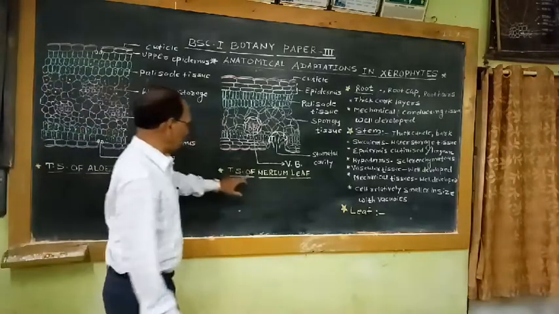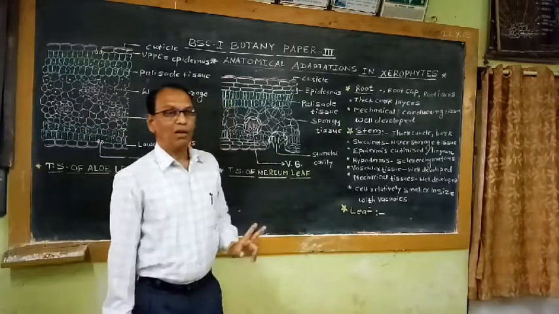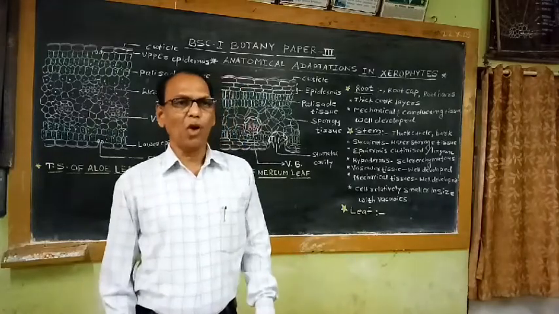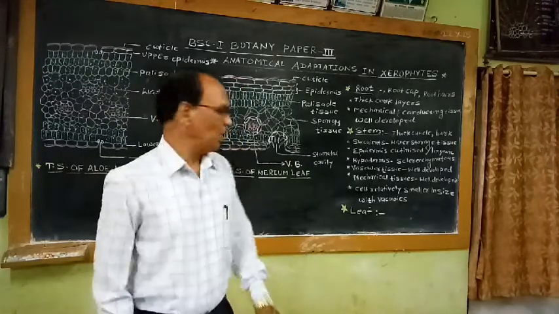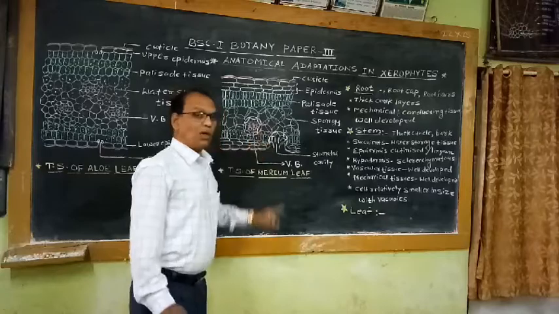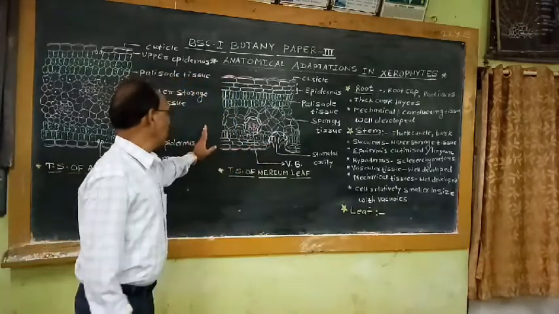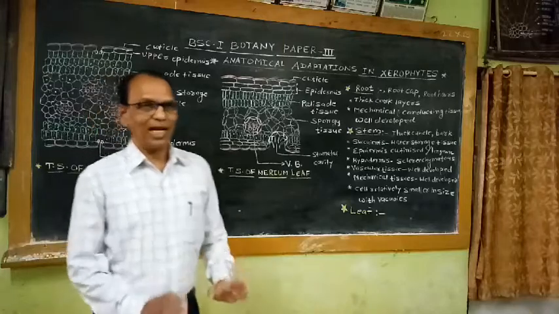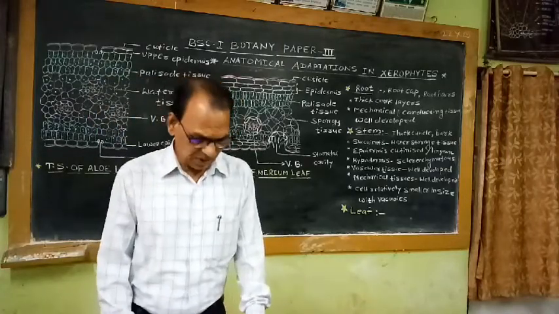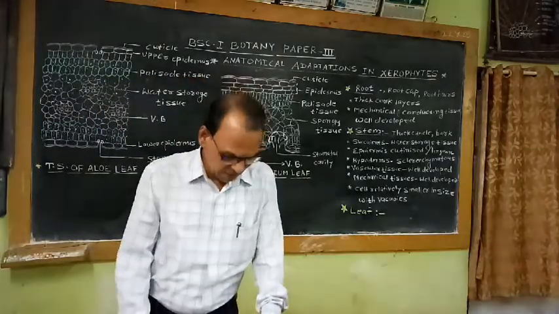This is the transverse section of Nerium. We know very well, this Nerium is an example of a drought resisting xerophyte, or a true xerophyte. So with the help of these two figures, we shall try to understand the anatomical adaptations in these leaves of the xerophytic plants.